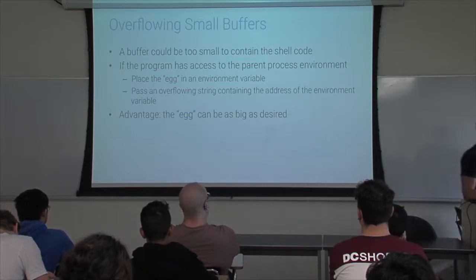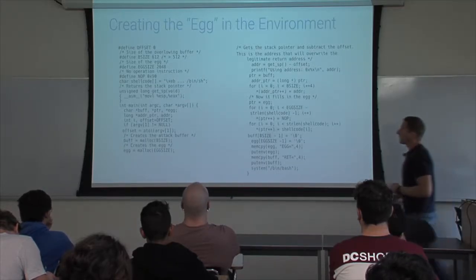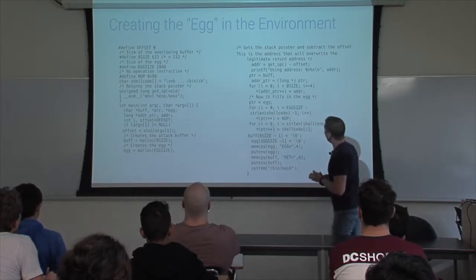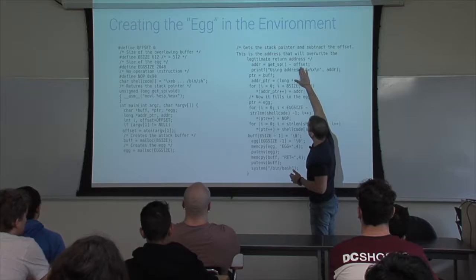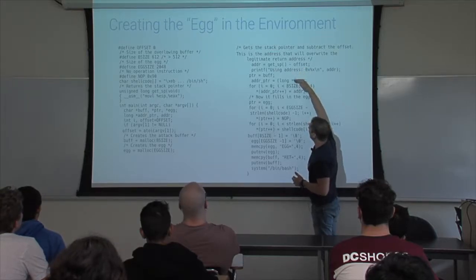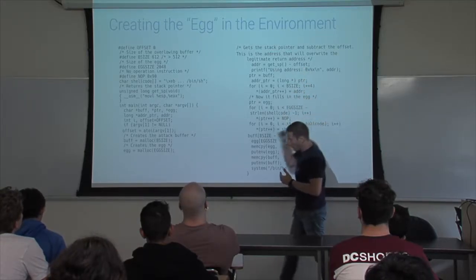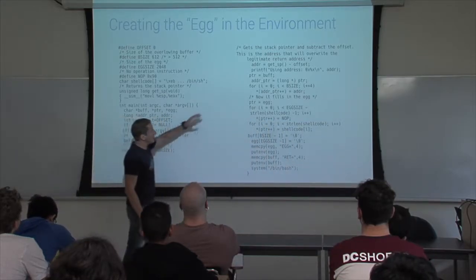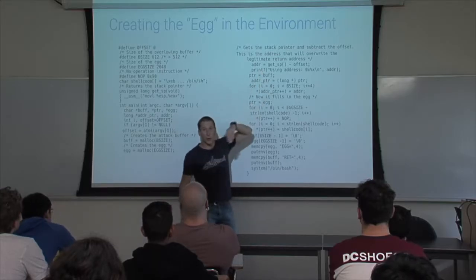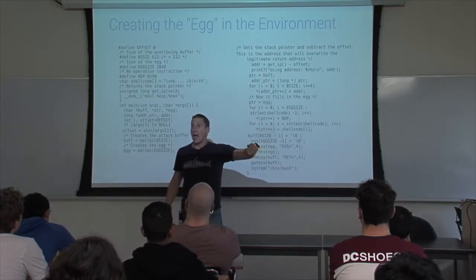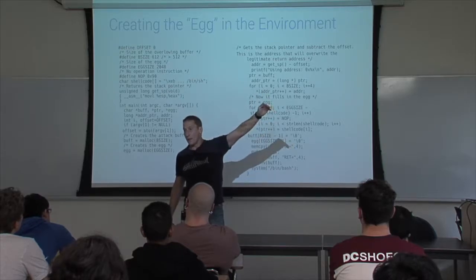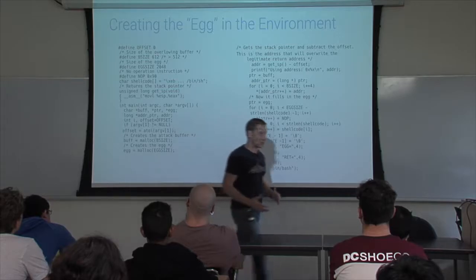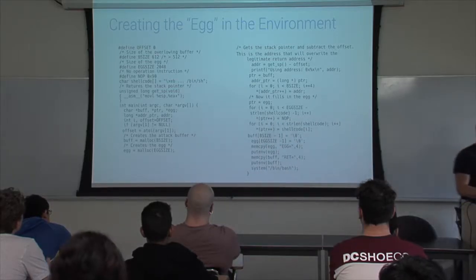And so I put here as a reference the code, and the basic idea is that it creates the same thing. It generates an address which is an offset from the stack, and simply fills the overflowing buffer with that address. But this offset from the stack, instead of pointing to a region in the stack, actually points to the environment where the whole nopsled and shellcode has been stored, so that you will jump into it.